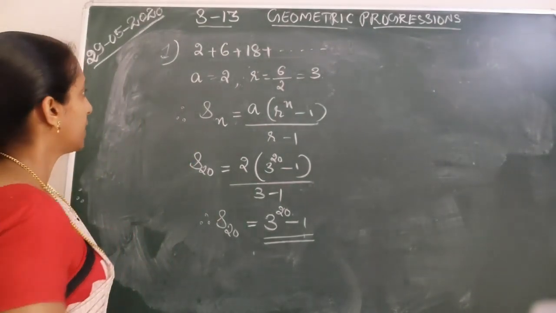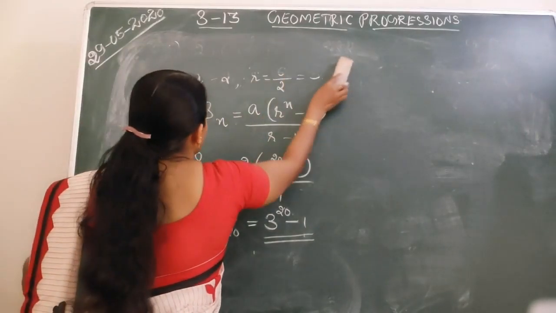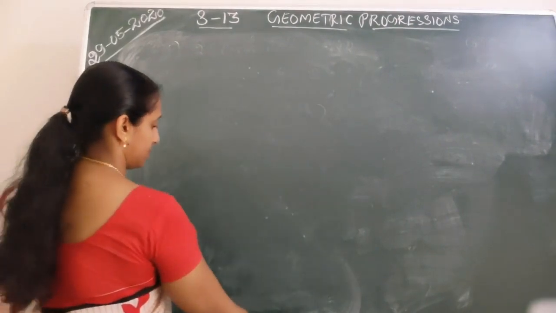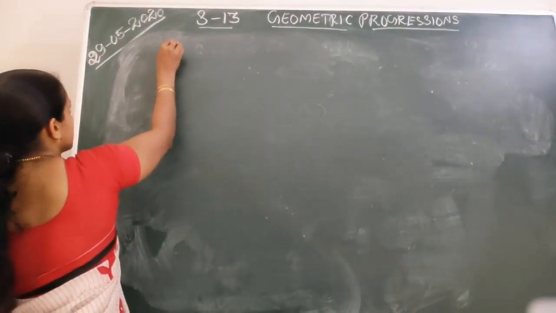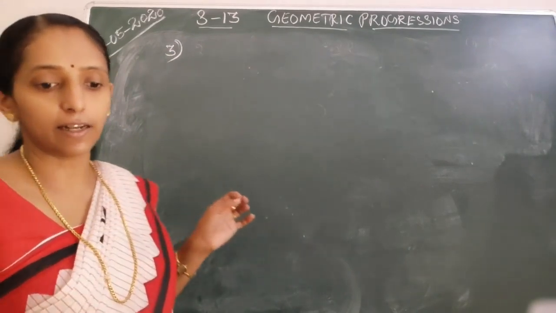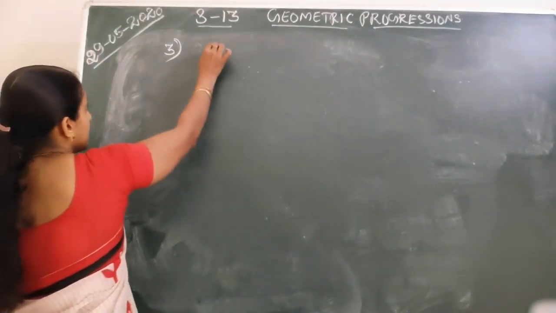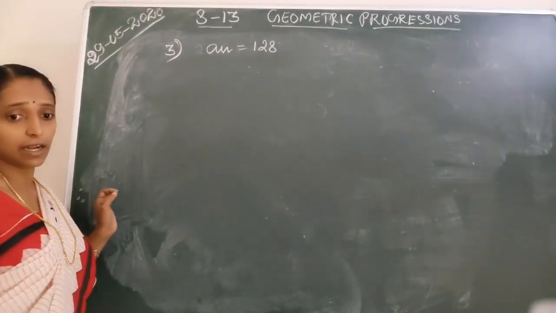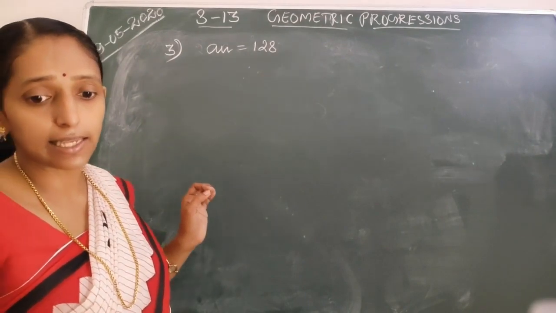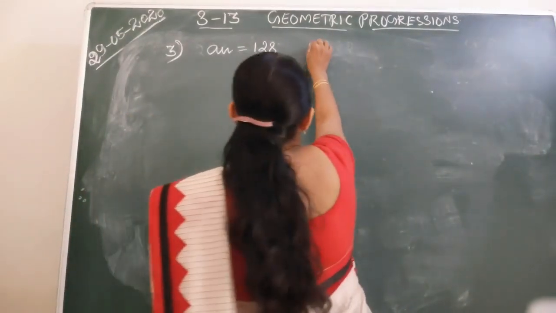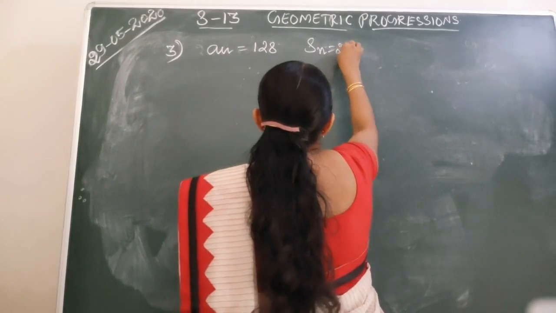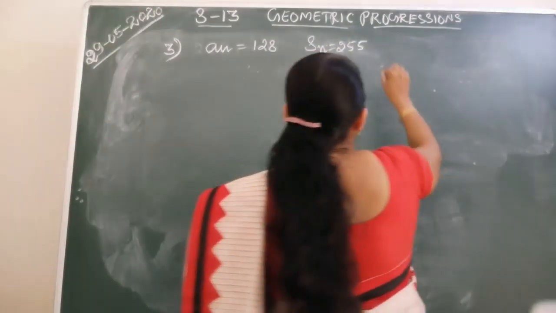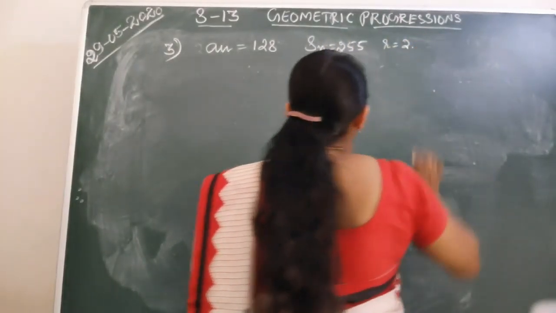Okay. Now take out question number 3. The nth term, that is an, is given as 128, Sn is given as 255, and the common ratio r is given as 2.